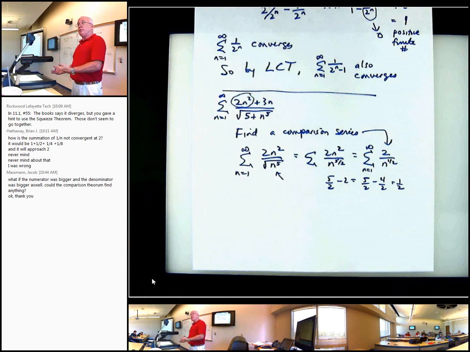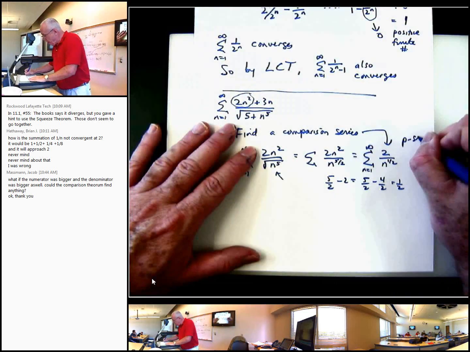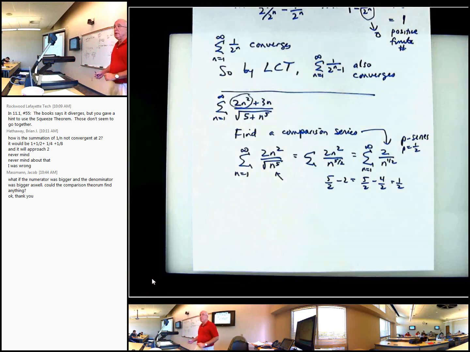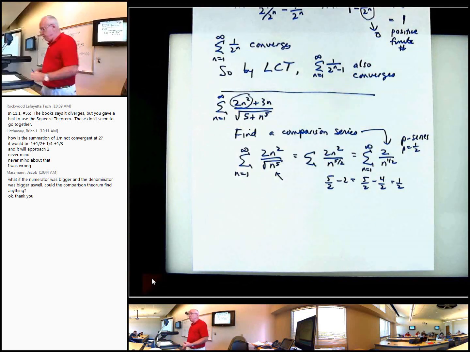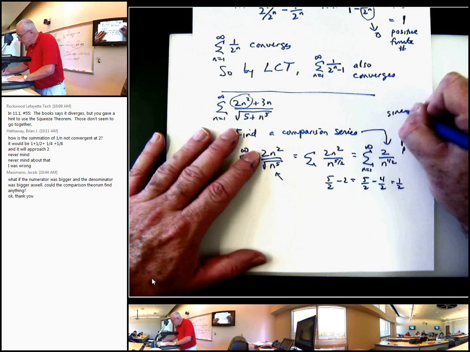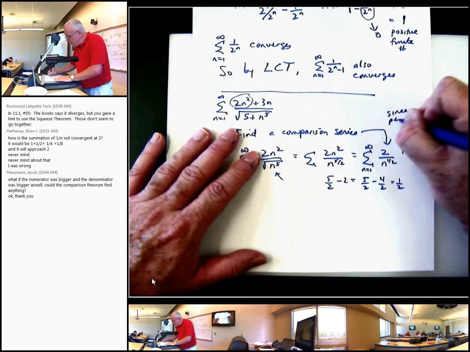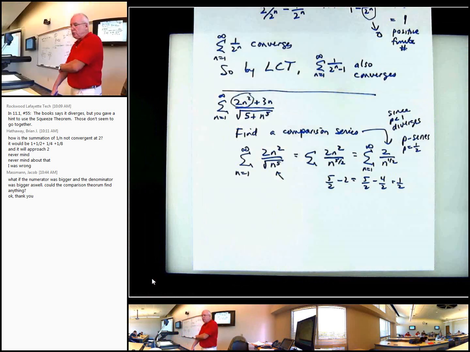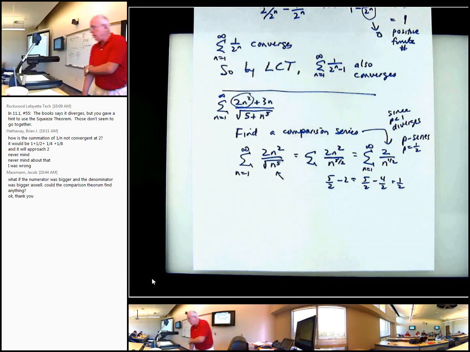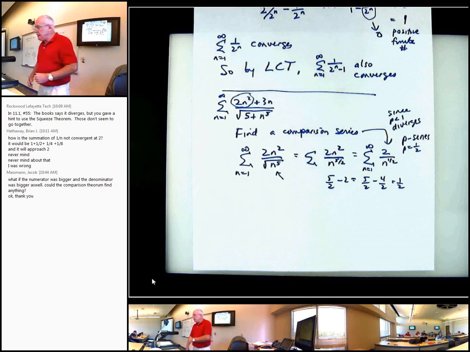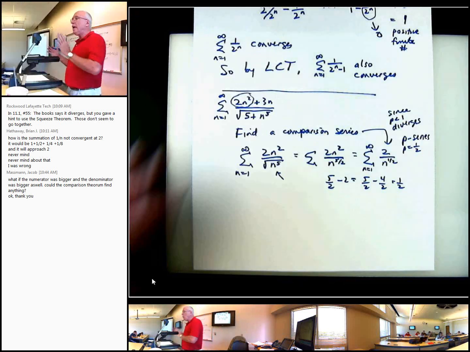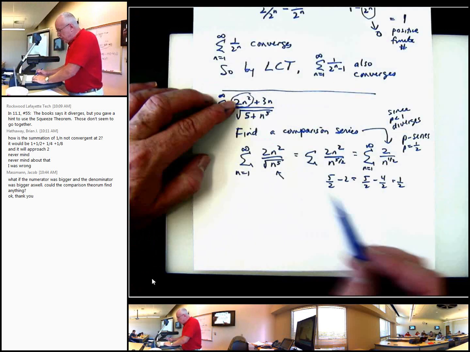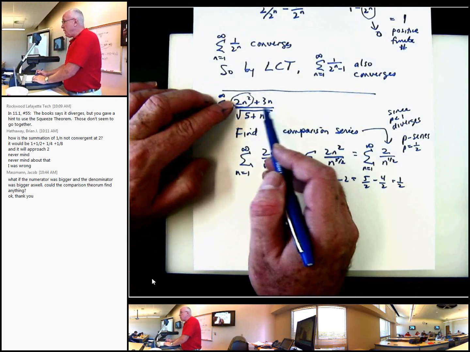Now this is the p-series, and in this case, p is equal to 1/2. So therefore it diverges, since p is less than 1. So we're comparing it to a divergent series. Now, we can't use the regular comparison test, because the numerator is bigger, since we have a plus 3n.